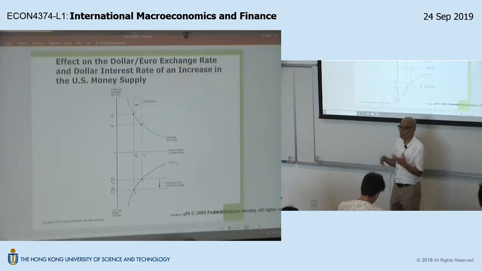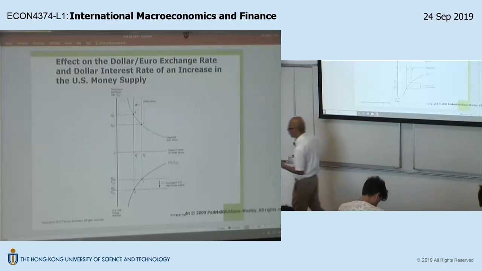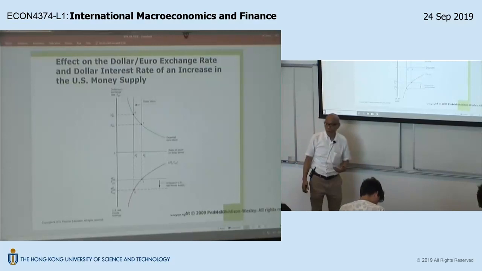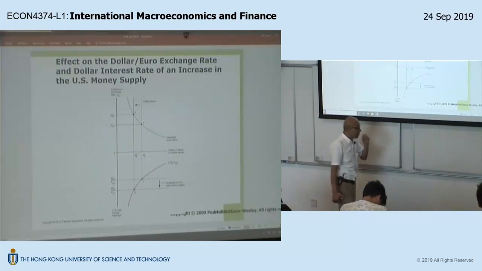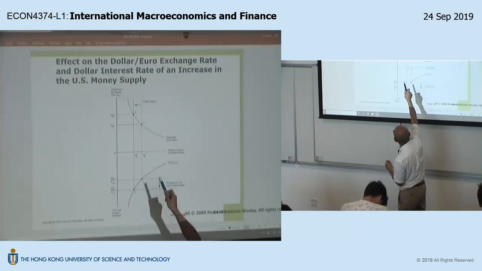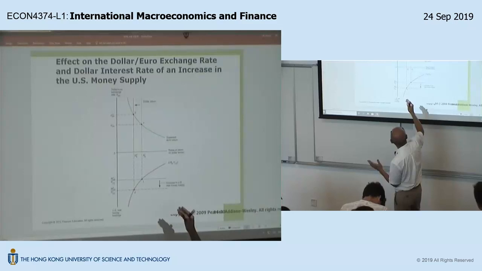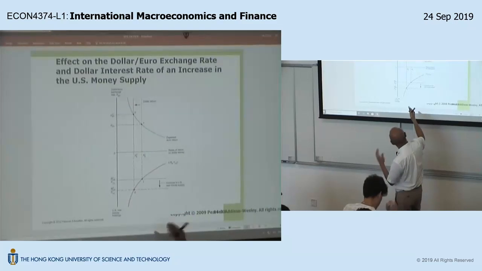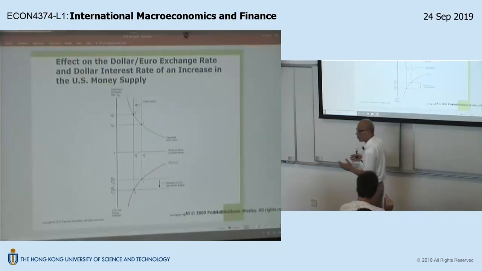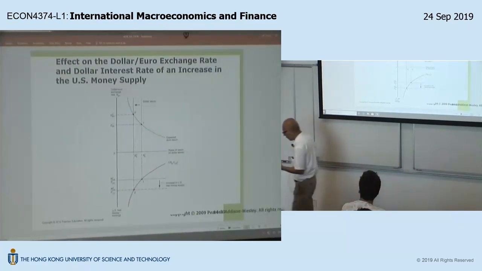So the dollar rate of return on dollar deposits is lower than the dollar rate of return on euro deposits. Therefore it will lead to a depreciation of the dollar. So in other words, a temporary one-time increase in money supply in the U.S. is going to lead to a depreciation of the U.S. dollar.